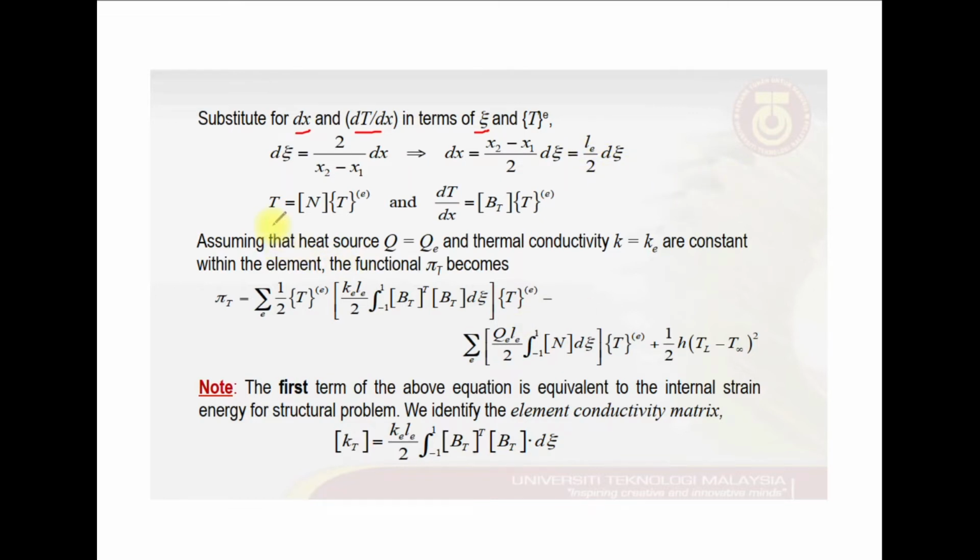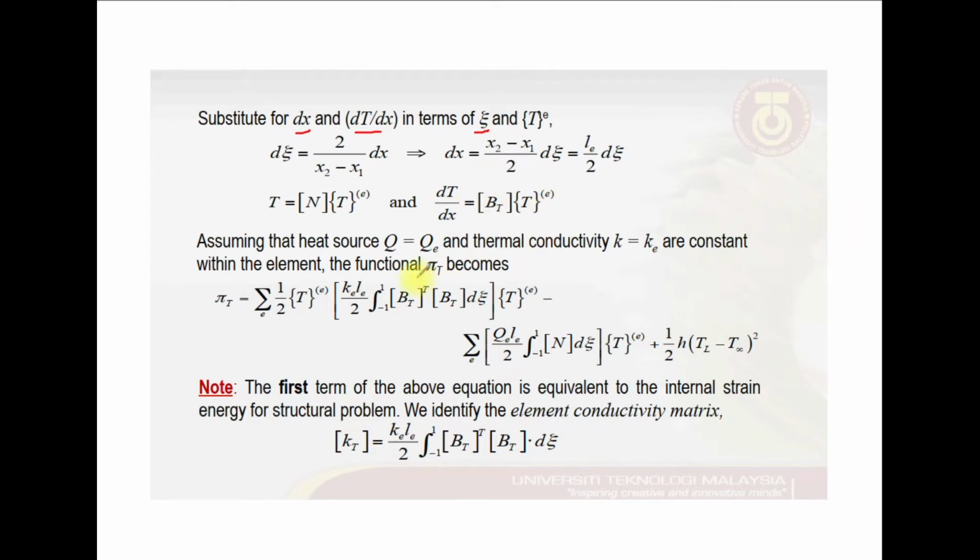We also know that the field temperature equals the shape functions multiplied by the temperatures calculated at each nodal point, and the gradient of the temperature in the x direction, in one dimension, is given by B multiplied by T.